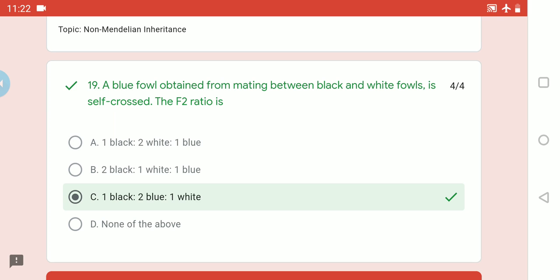When they cross, in F1 generation, due to the incomplete dominance, all become blue. When they continue the similar thing in F2 generation, capital B capital B, 1, is black, capital B small b, 2, is blue, and small b small b, 1, is white. So this is just like the incomplete dominance. Did you get it? It should work out. So this is the ratio, 1:2:1. Phenotypic and genotypic ratio are similar in case of incomplete dominance.